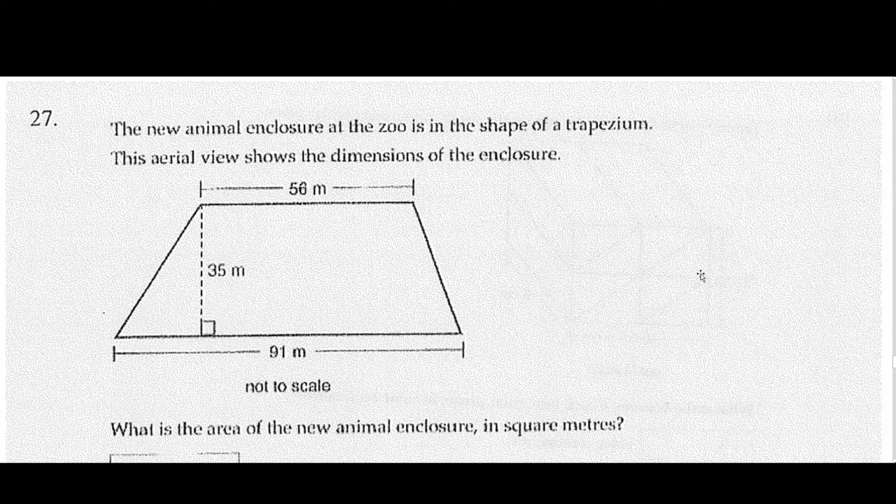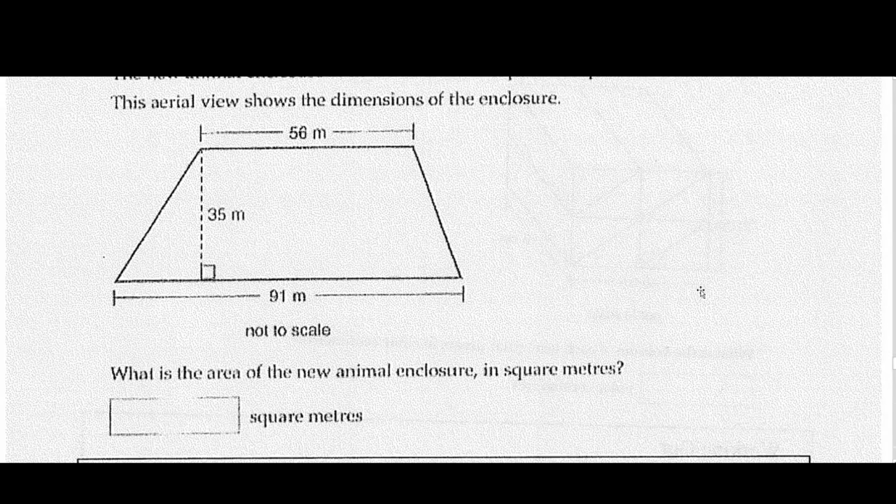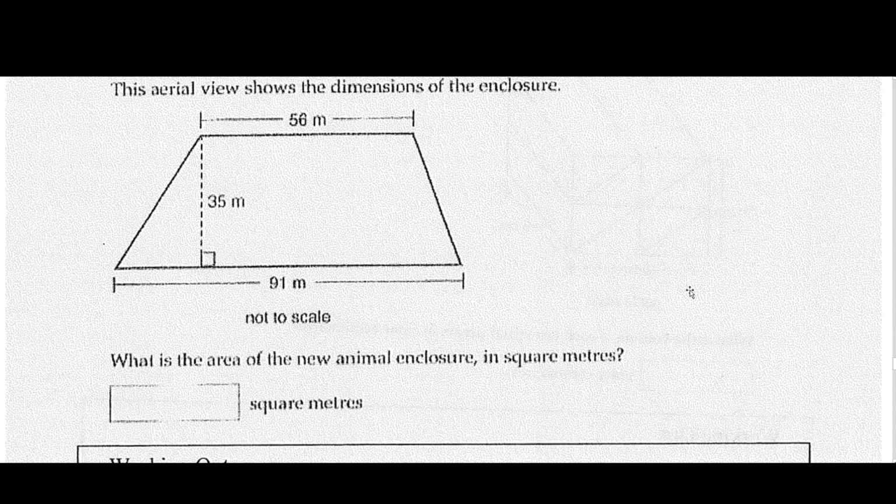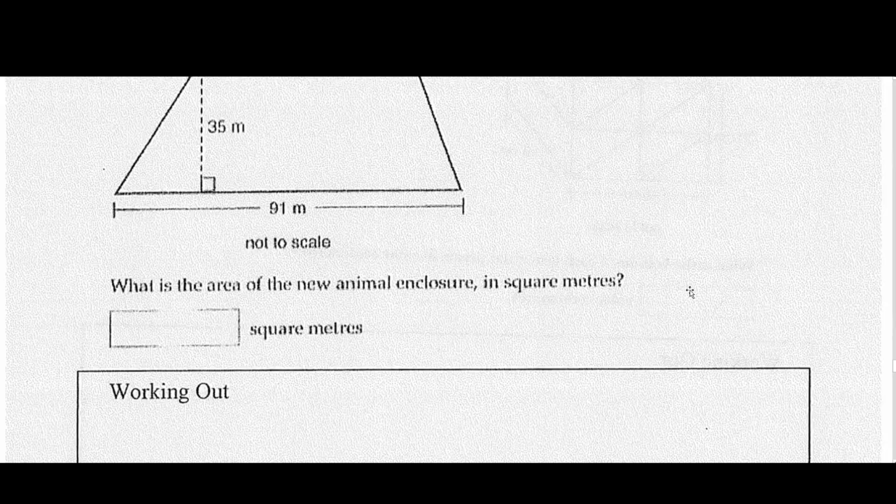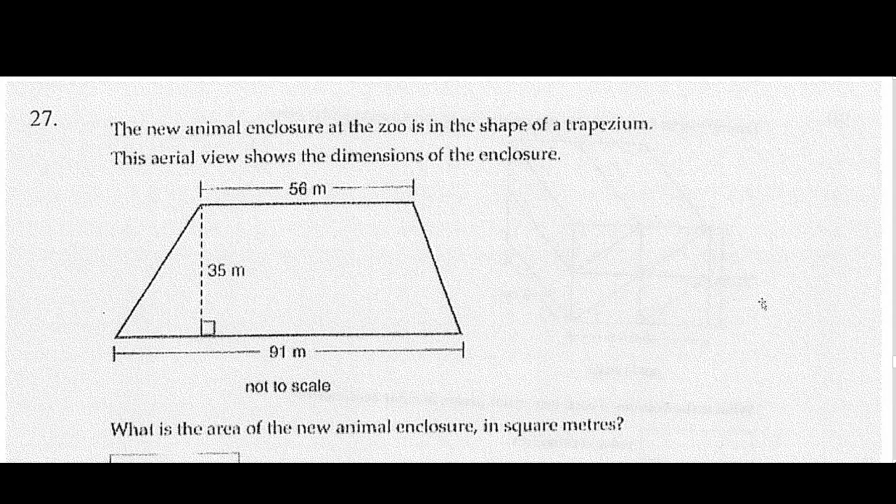Number 27. The new animal enclosure at the zoo is in the shape of a trapezium. The aerial view shows the dimensions of this enclosure. What is the area of the new animal enclosure in square meters? The area of a trapezium is (a plus b) divided by 2 times h.